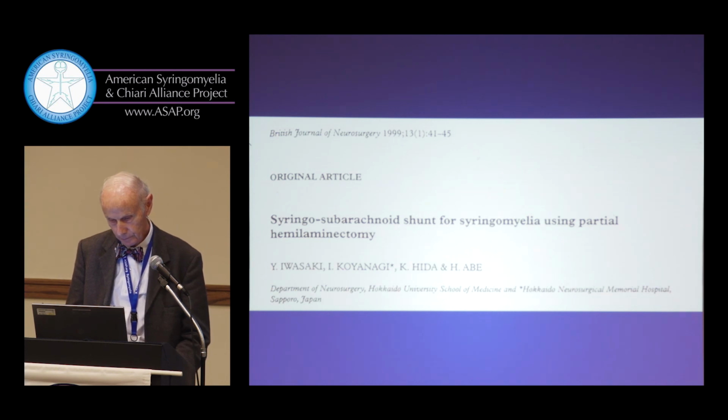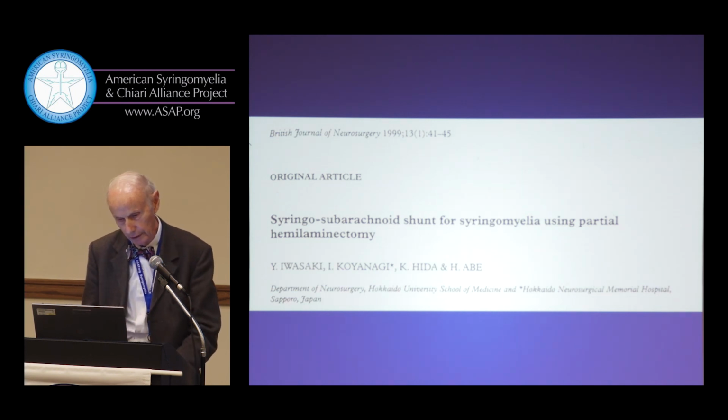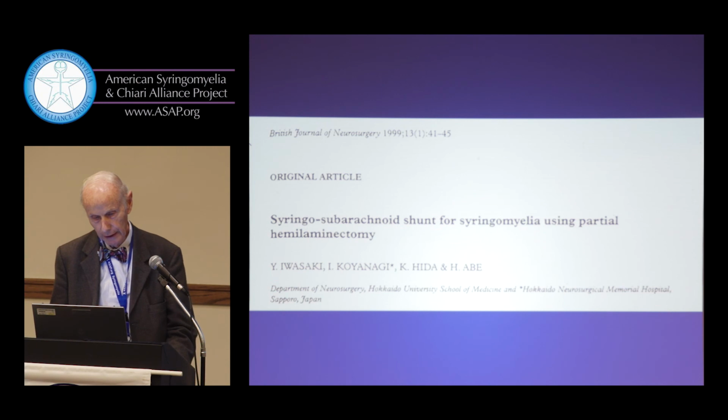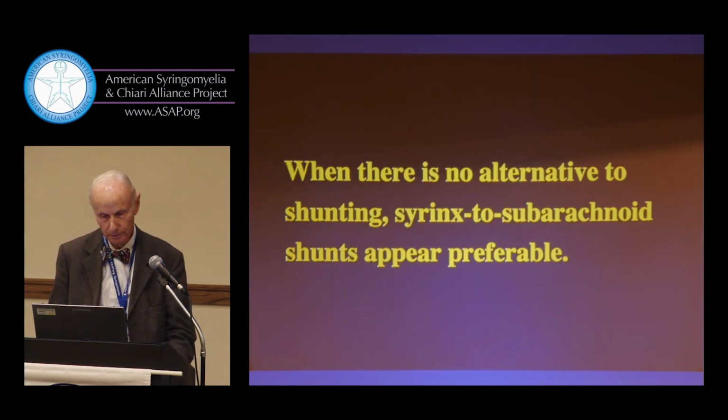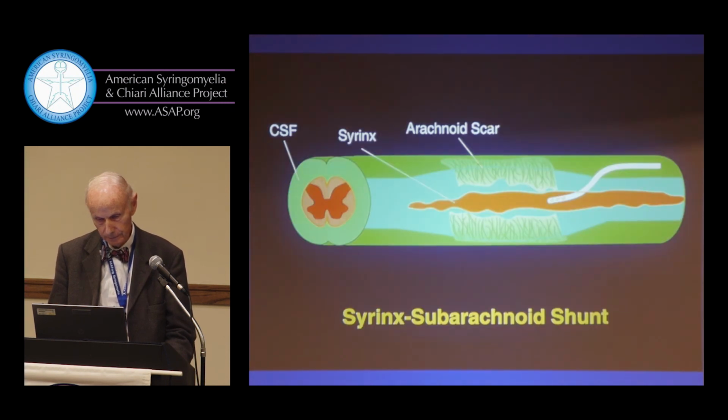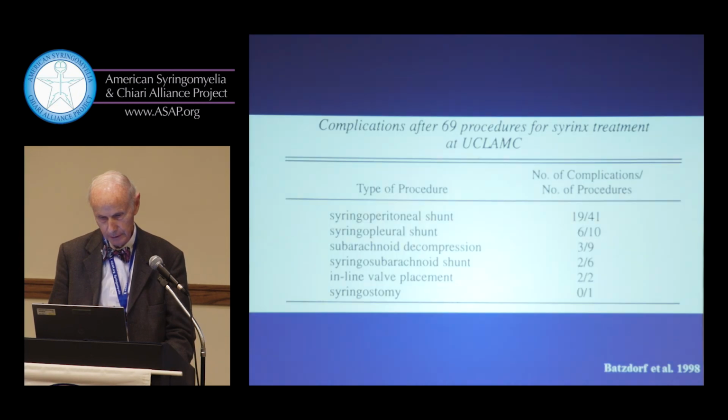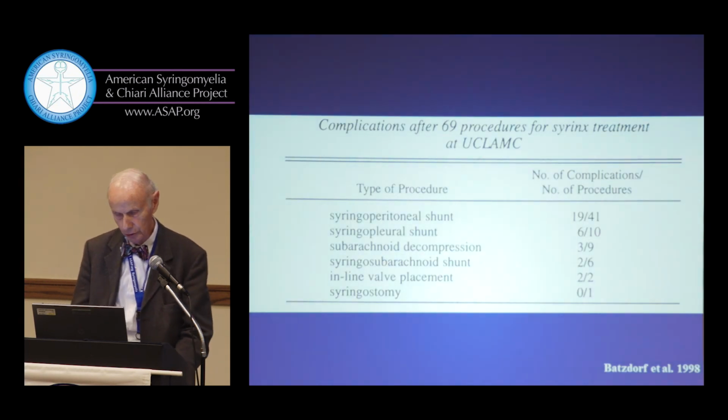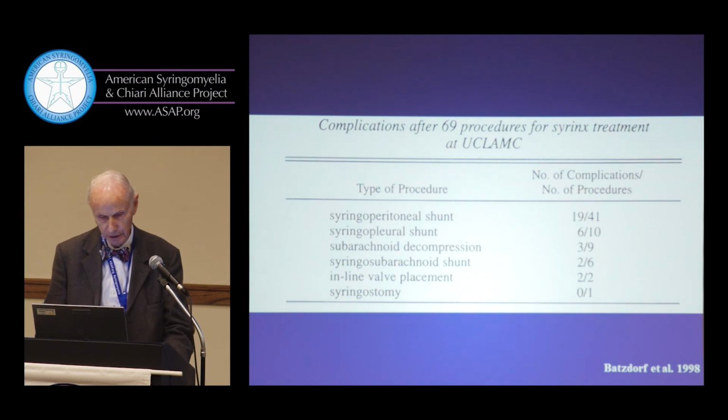I've already mentioned that placing it into the anterior subarachnoid space is most favorable. And in the interest of time, I will just show you our own experience from some years ago.